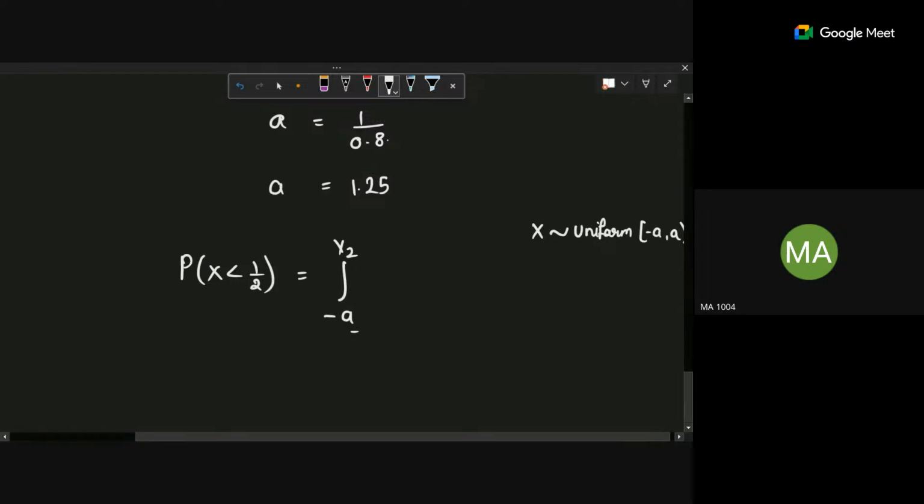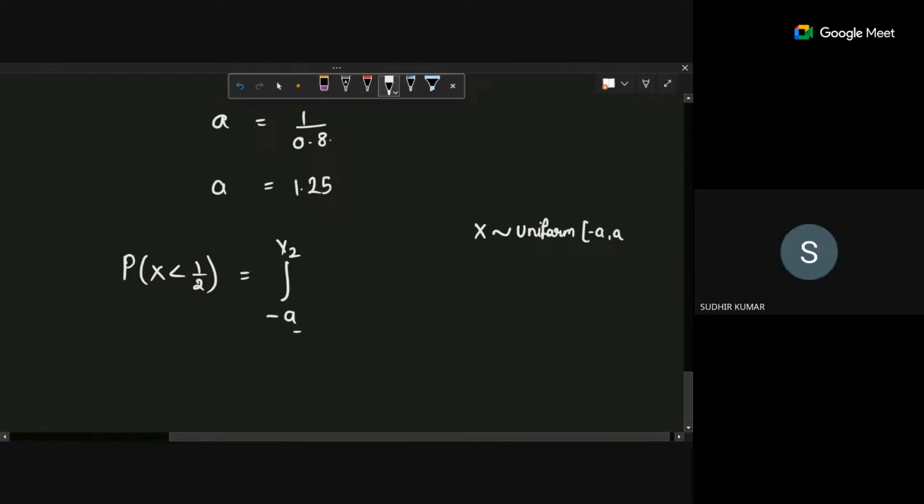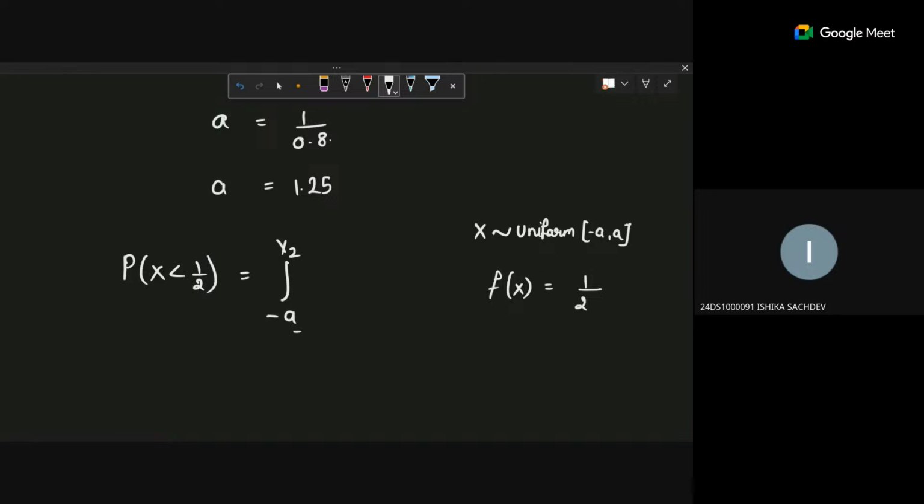Now just tell me what will be the PDF of this distribution? 1 by 2a. Yeah, 1 upon (b minus a) is the PDF for a uniform distribution, so once we take a minus of minus a, it's twice a.